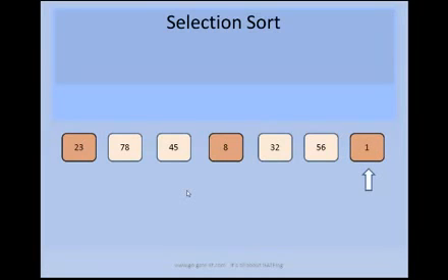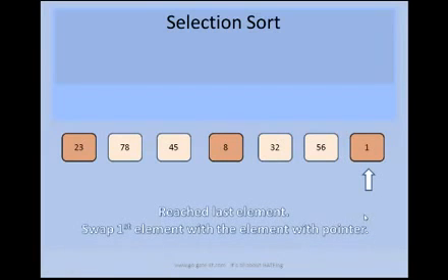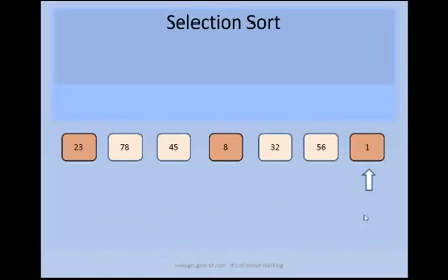Now we see that 1 is the last element of the sequence. Our goal is to place this 1 at the position where 23 is placed, because 1 being the last element, there is no more element in the sequence to be compared. So this smallest element will be swapped with 23.